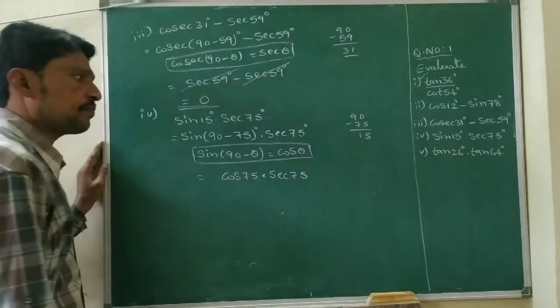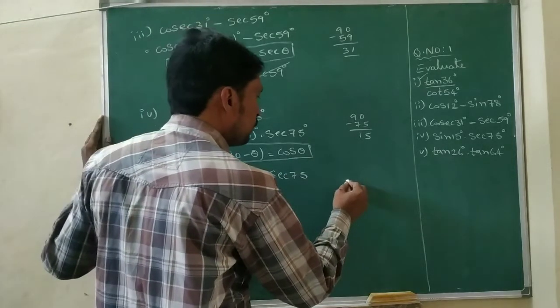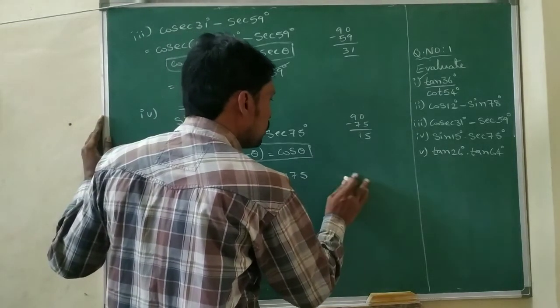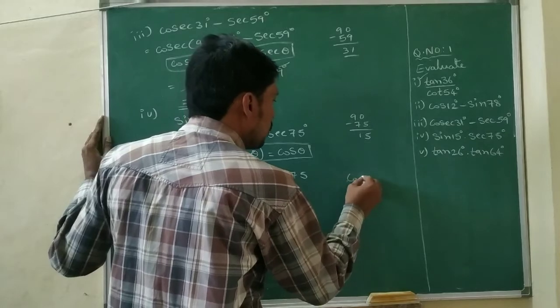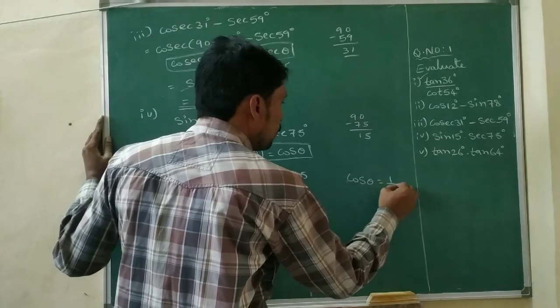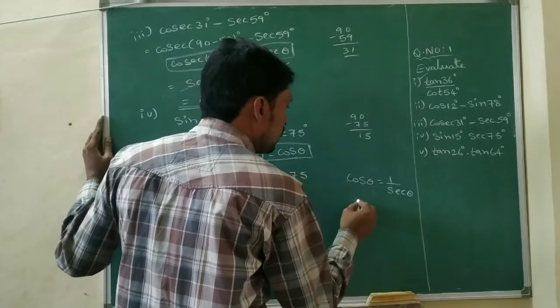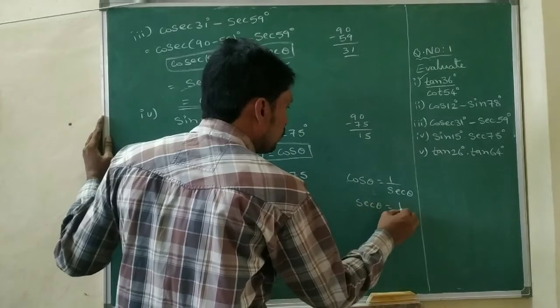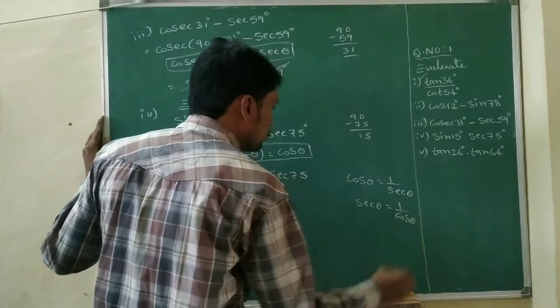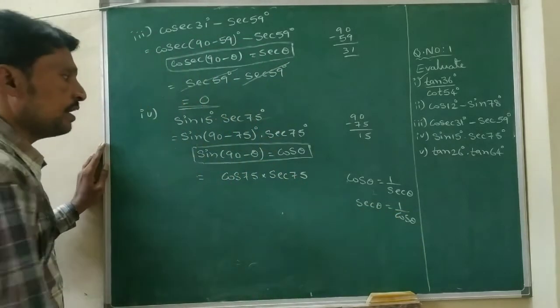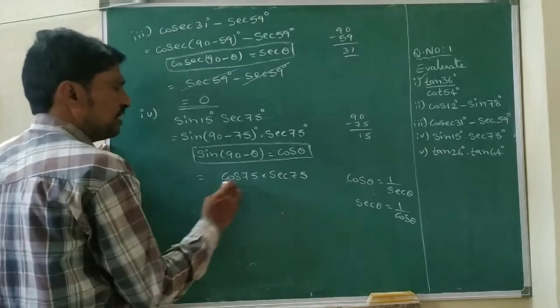Already we know the formula for multiplicative inverse: cos theta equals 1 by sec theta, or sec theta equals 1 by cos theta. Here one of them we need to change.